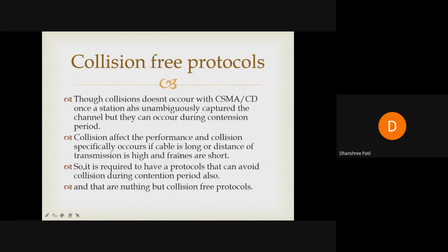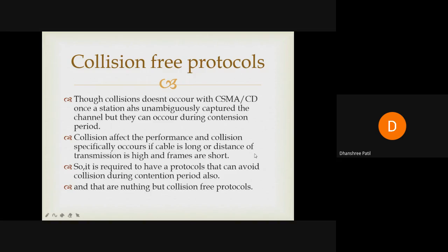That means if the cable is very long or the distance is large and the frame size is short, the possibility of a contention period is higher. That's why there are high chances of collision during such a situation. So it is required to have protocols that can avoid collision during the contention period also.